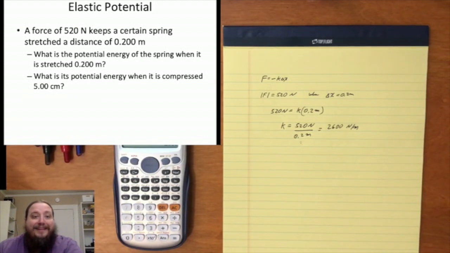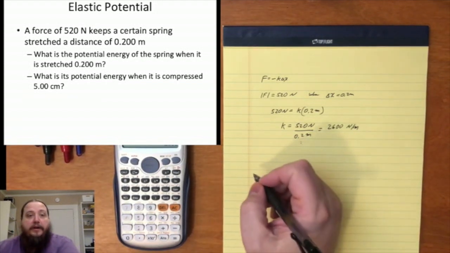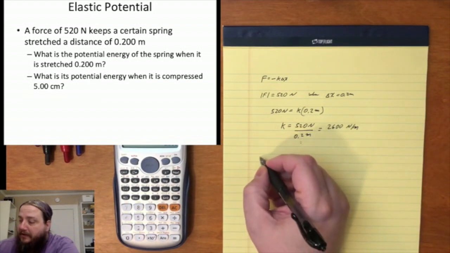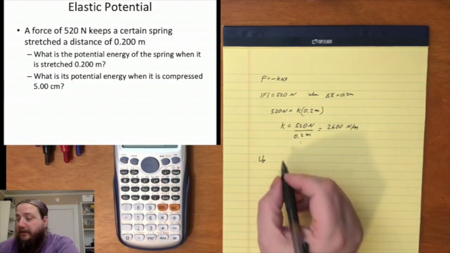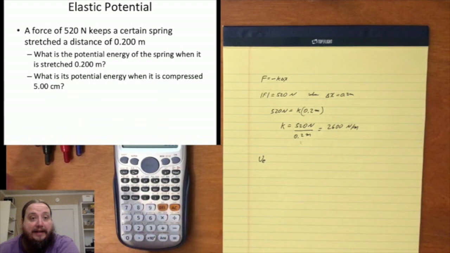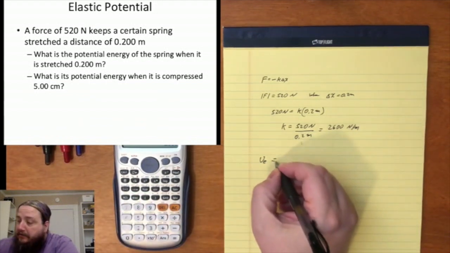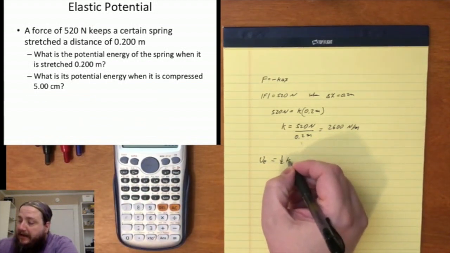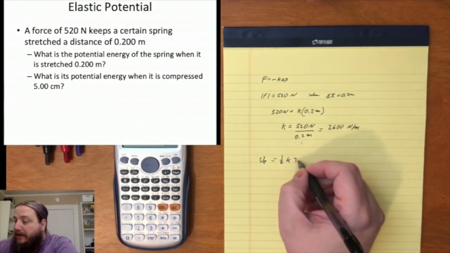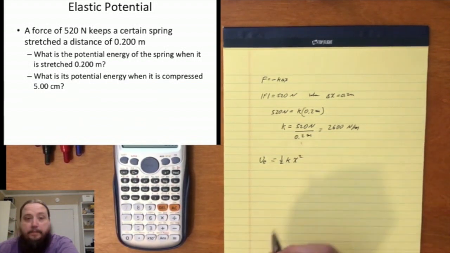Well, what's the potential energy of the spring then when it's stretched to a distance of 0.2 meters? Well, we just said the spring potential energy, or elastic potential energy as it's sometimes called, so UE, the elastic potential energy, is 1/2 K, again our spring constant, times our stretch here, x squared.